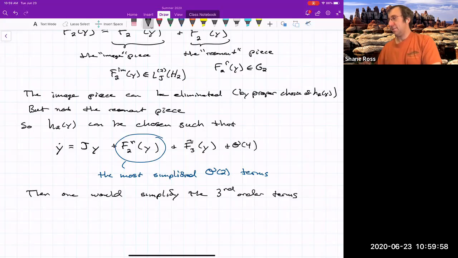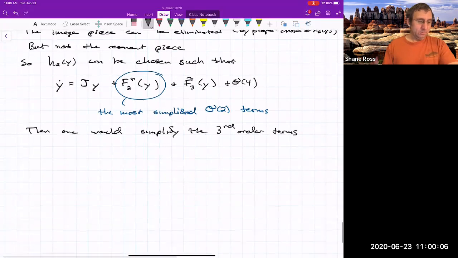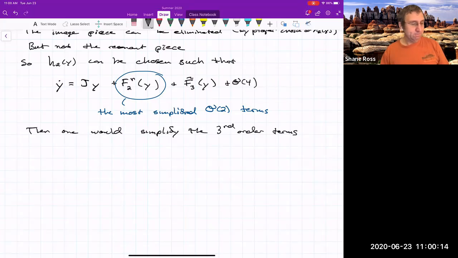And I think there are codes out there that could do this to any order you want. But let me do an example. Let me see how far we can get through it, because it's good to see an example. All right. Are there questions before we do the example?